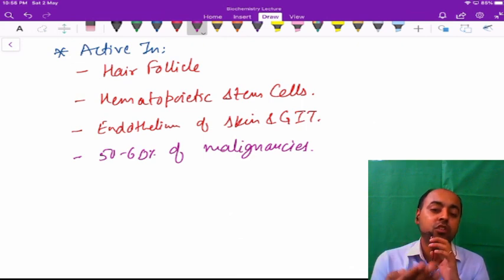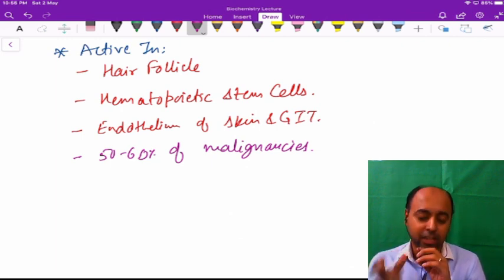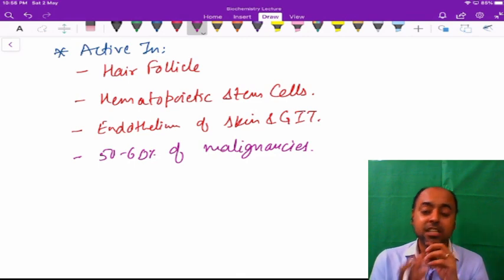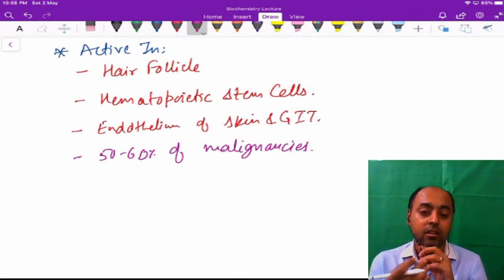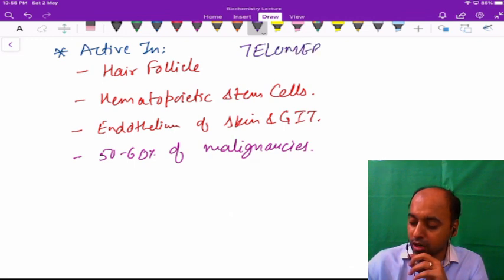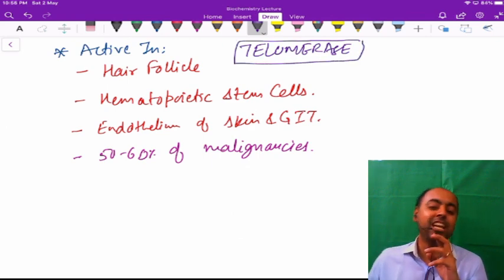Either P53 is not there, or P21 is not there, or the GADD is not there. So some factors of the apoptotic cascade are missing, and therefore apoptosis cannot occur in 50% of cells. In the remaining 50% of cells, apoptosis is normal, and still the process does not occur. Why? There we find that the telomerase has been reactivated, and it is not allowing the telomere to get exhausted. If the telomere does not get exhausted, we don't need to use the anti-apoptotic cascade.